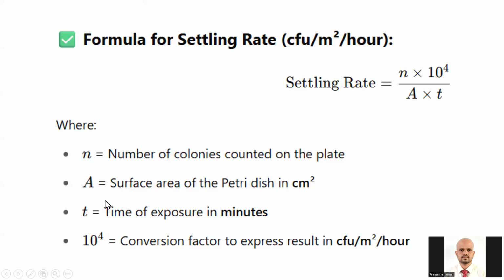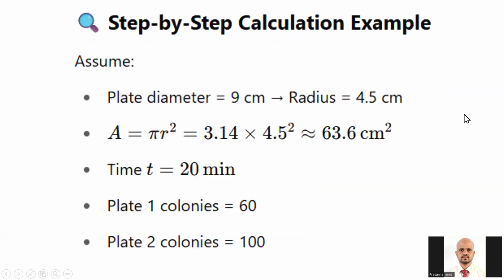We exposed the plate openly for 20 minutes, and we want the unit in meter square per hour. That's why we have 10 power minus 4, because we want to convert the surface area from centimeter square into meter square. So we have N into 10 power 4 divided by A into T. This is the formula, and this is the step-by-step calculation.